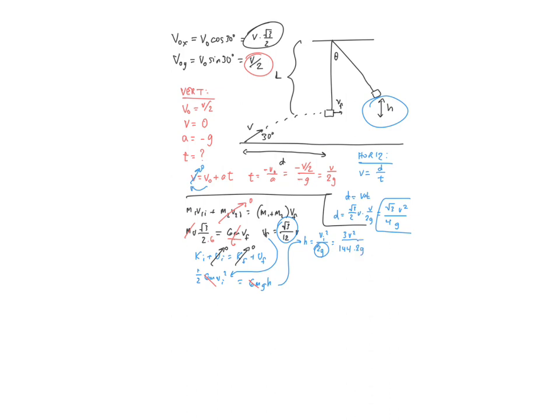The 3 in the numerator will cancel out with the 144 in the denominator. 144 divided by 3 is 48. So this simplifies to 1 over 48, and 48 times 2 is 96. So the final thing you end up with for the height is equal to v squared over 96g.